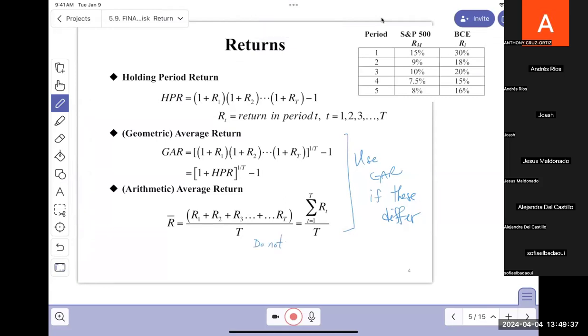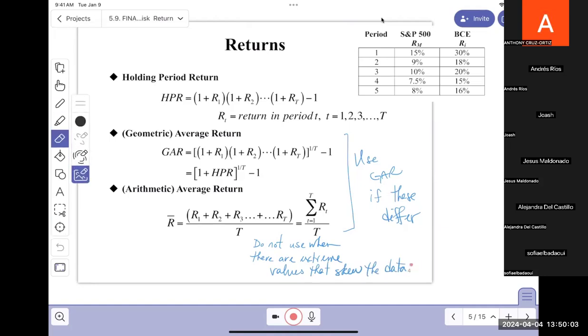If you watched my statistics review, I discussed that. So do not use the arithmetic return when there are extreme values that skew the distribution.